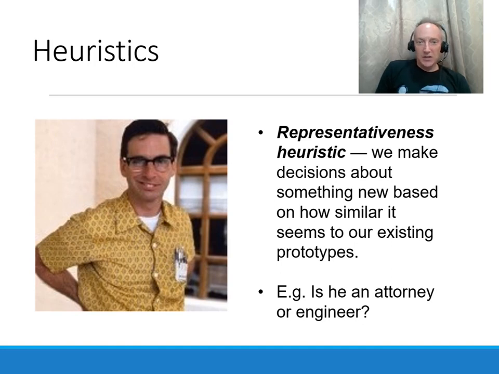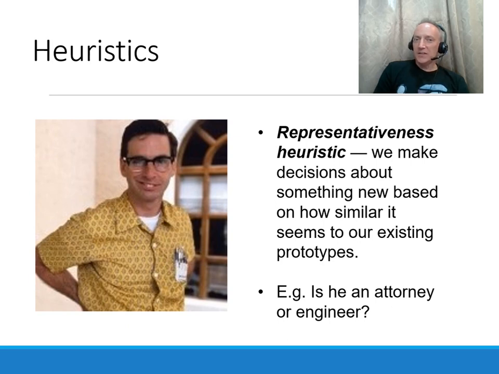What's his occupation? Now, if you're like other people, most would say he sounds like an engineer to me, because you got this prototype of engineers being these really smart, nerdy science guys. But let's remind ourselves of the rules. They already told us going into it, 80 of them are attorneys, 20 of them are engineers, and our job is to get as many right as we possibly can.